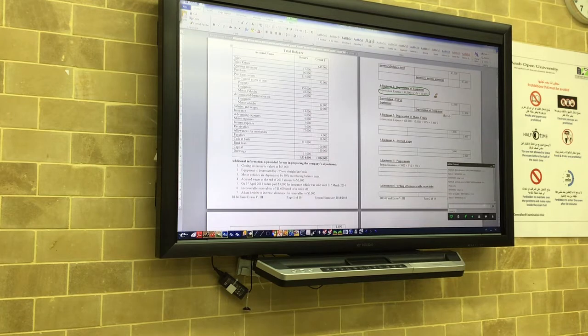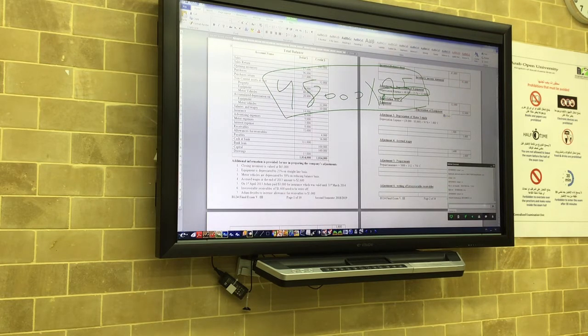It is required from you, and if you didn't write it, your mark will be deducted. So you must show how you found the 12,000.